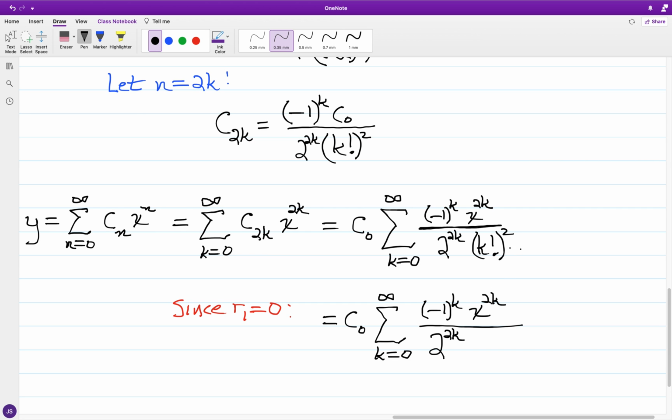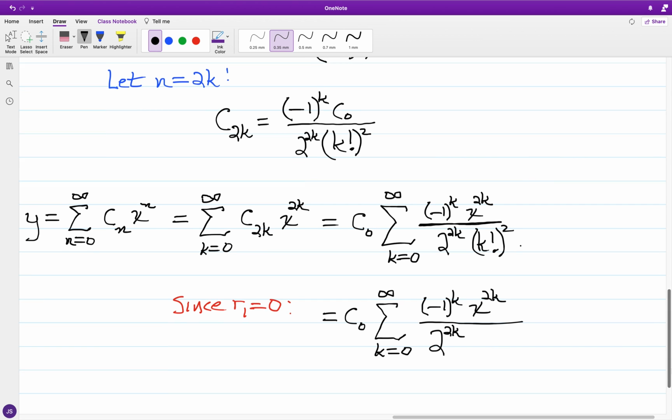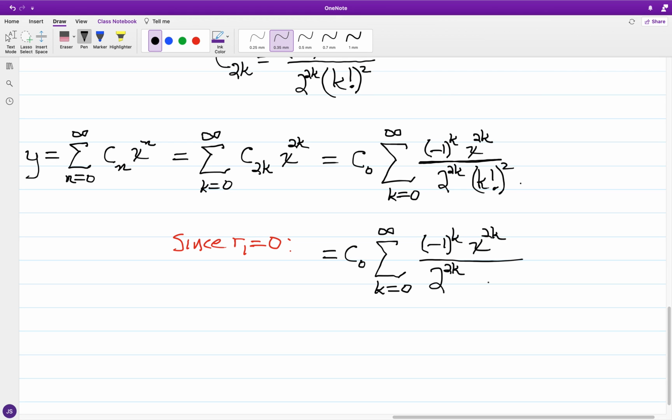Now I'm going to do it here instead of the square of k factorial. I'll show you why I'm doing this. I'm going to separate into separate factorial terms, so you have k factorial and k plus 0 factorial.